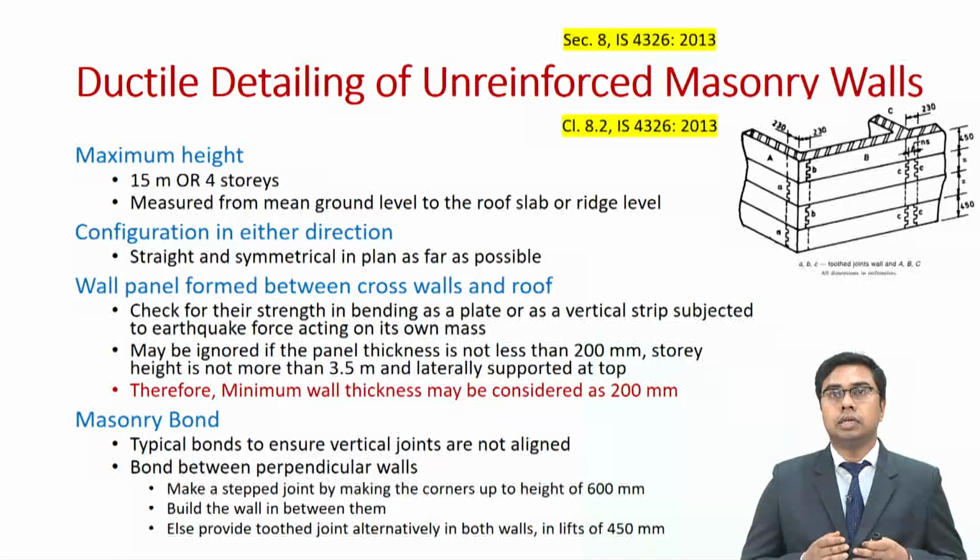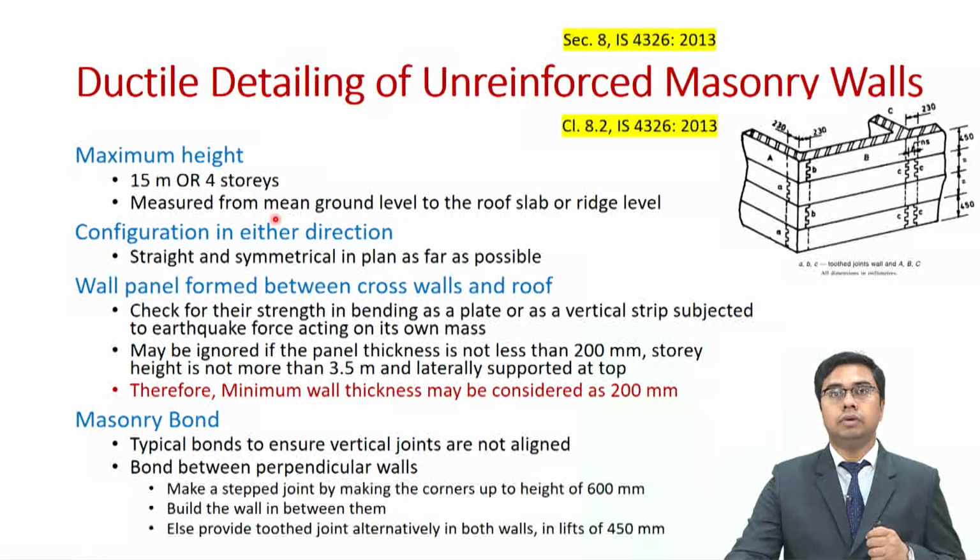For good seismic resistance, we need to have certain restrictions on geometry as well as ductile detailing of these masonry walls. In case of unreinforced masonry walls, the maximum height of a masonry building can be 15 meters or 4 stories in general.